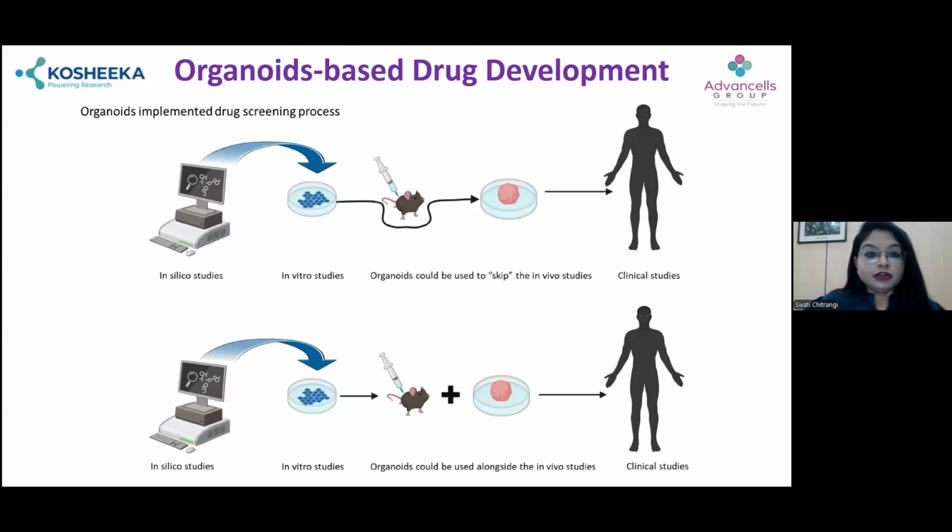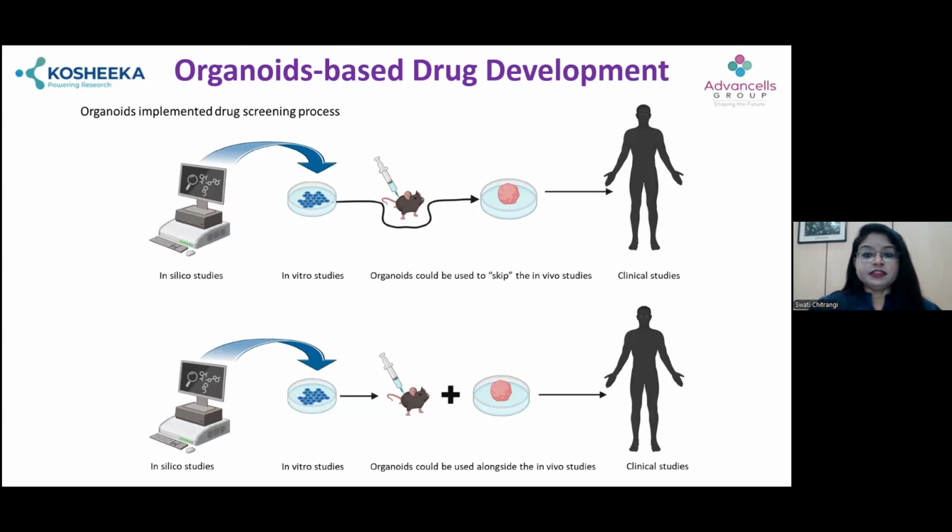So next, how organoid can be implemented in the drug discovery or drug screening process. First, if we have identified some compounds using in silico studies, then directly we can take them for in vitro studies, that is on 2D cell lines. And we can skip mouse, small animal testing models, and directly go for organoid study.